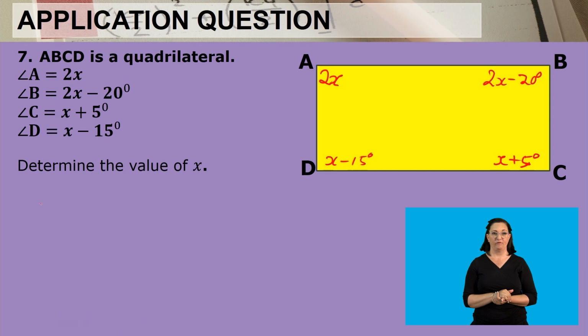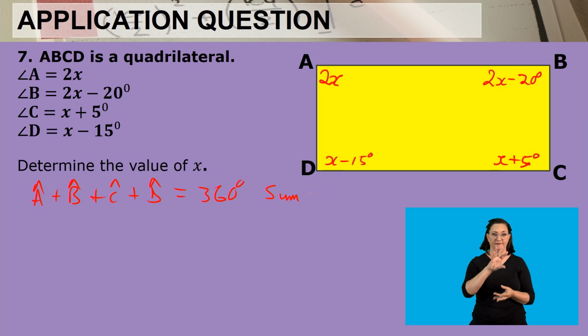We know that these angles added together, angle A plus angle B plus angle C plus angle D, should give us 360 degrees, because that would be the sum of angles of a quad. Then let's put values to the angles.